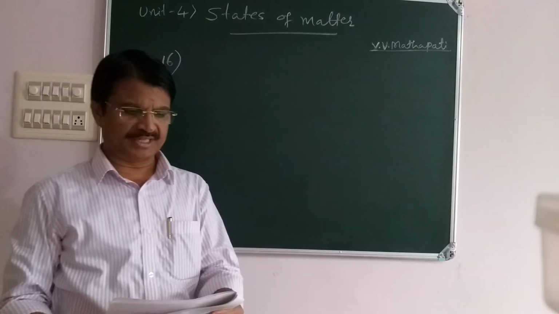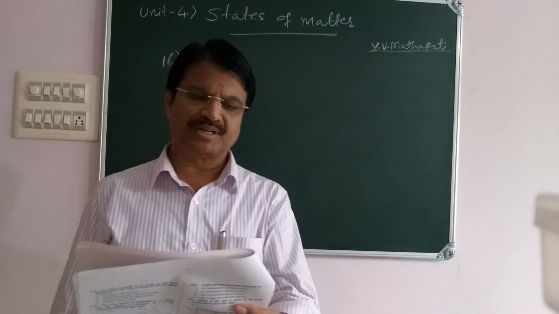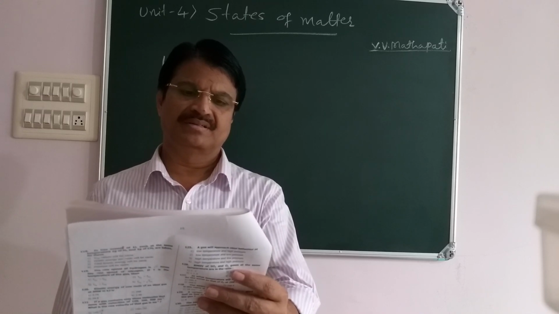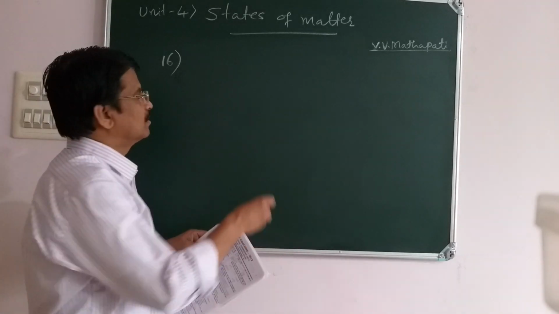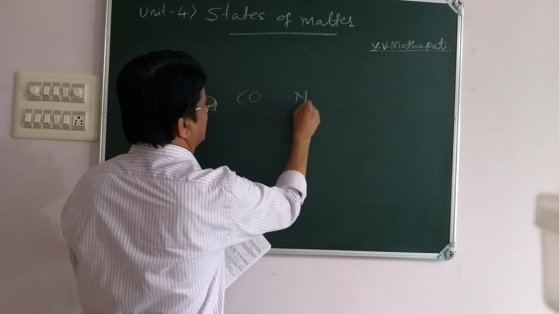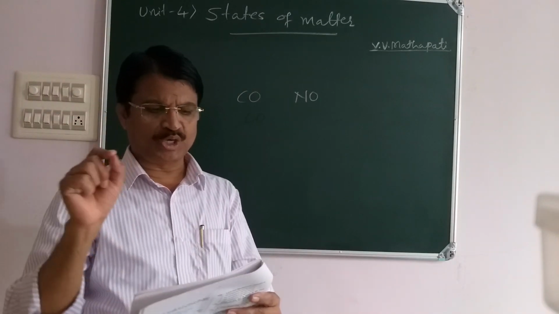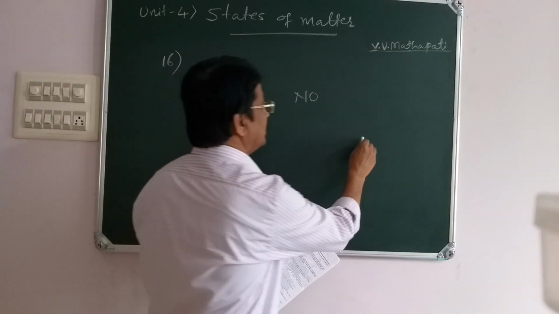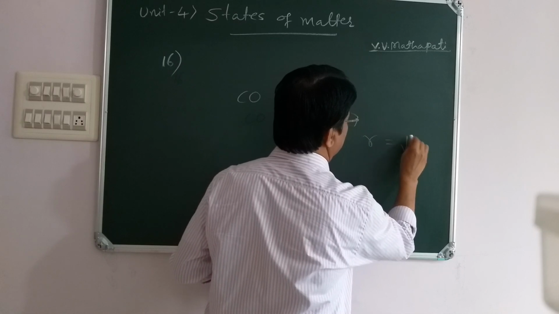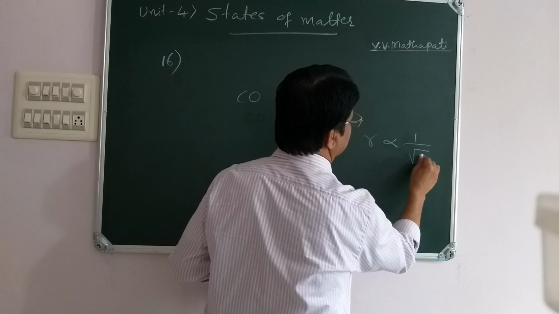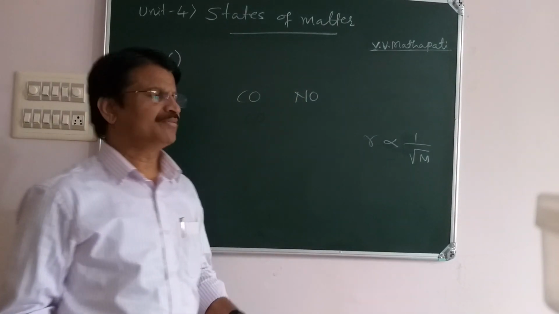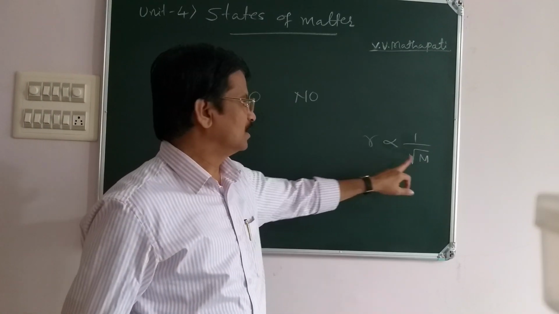Question number 16. Identify the pair of gases that have equal rates of diffusion. Here compounds are given, CO and NO, first option. They are asking for equal rates, and the rate of diffusion of gases is inversely proportional to molecular mass.